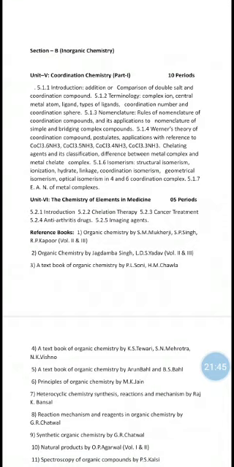The techniques such as MRI, CT scan, ultrasonography, all these are included in imaging agents. So it was the last point of your syllabus.